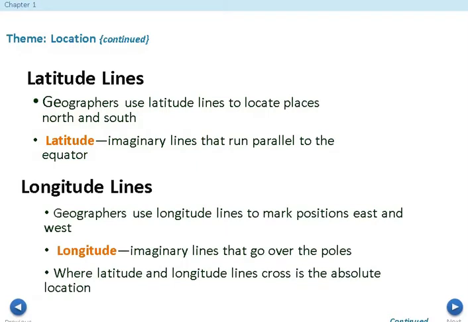Also, when we talk about location, we talk about lines of latitude and lines of longitude. Latitude lines are imaginary lines that run parallel to the equator. Longitude lines are imaginary lines that go over the poles. In this drawing of the earth, we've got one big line that cuts right through here, and that's the equator.